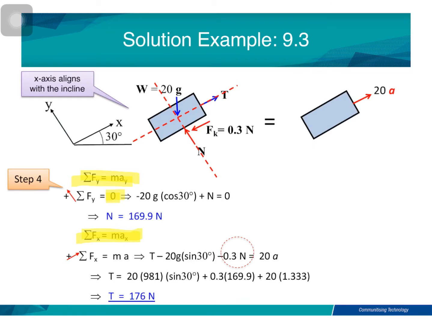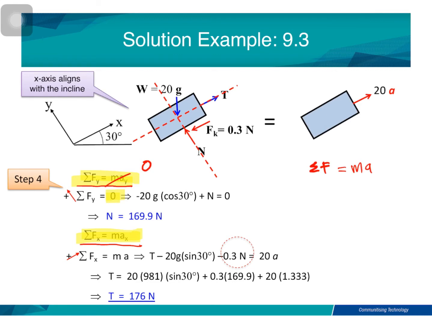Now we divide the summation F equals ma into summation Fy and summation Fx. For this case, do we have movement in the vertical? No, right? So we have here summation Fy is equal to 0. So you must resolve all the forces in the y direction.